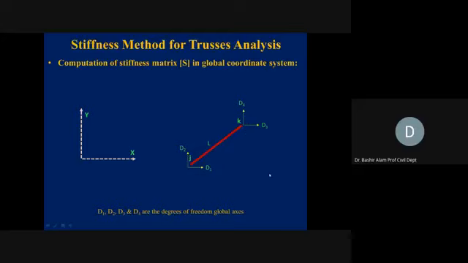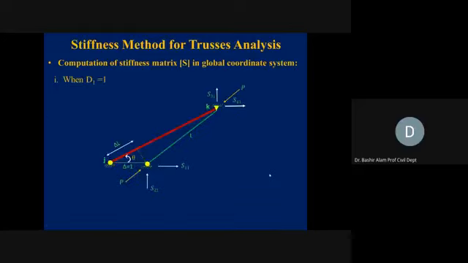Now, to develop this stiffness matrix in the global coordinate system, the procedure will be the same. Turn by turn, we will start giving D1, D2, D3, and D4 equal to 1, and we will find out the corresponding member end actions in these D1, D2, D3, D4 directions. So here along the D1 direction, this was originally joint J and we displaced it to delta equal to 1.